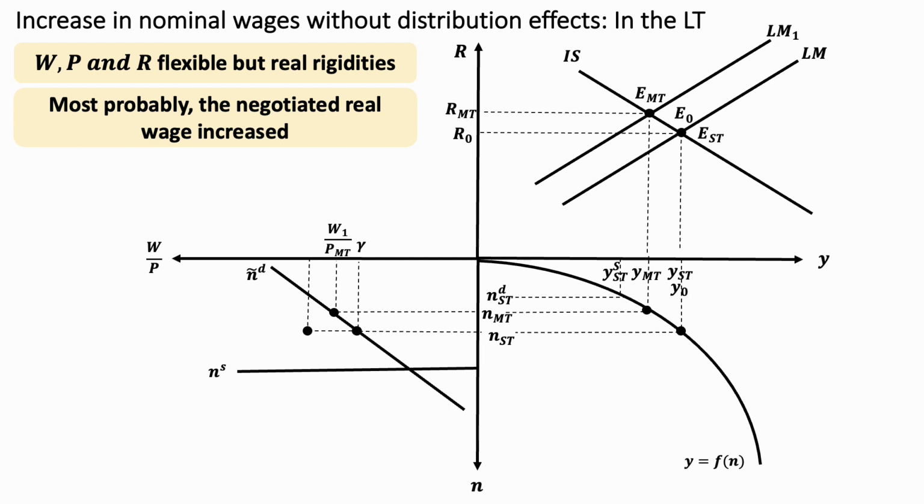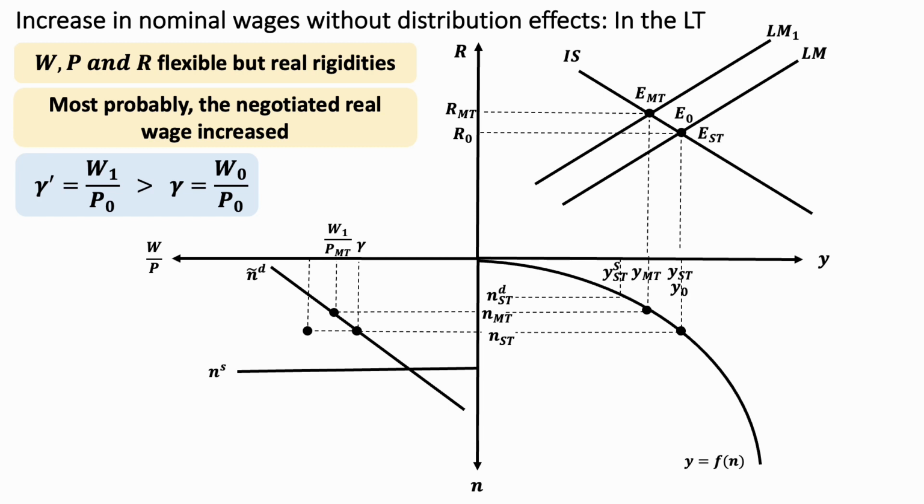What happens in the long term depends on whether the initial increase in W will have an effect on the long-term negotiated real wage. In practice, an increase in W will trigger an increase in gamma.